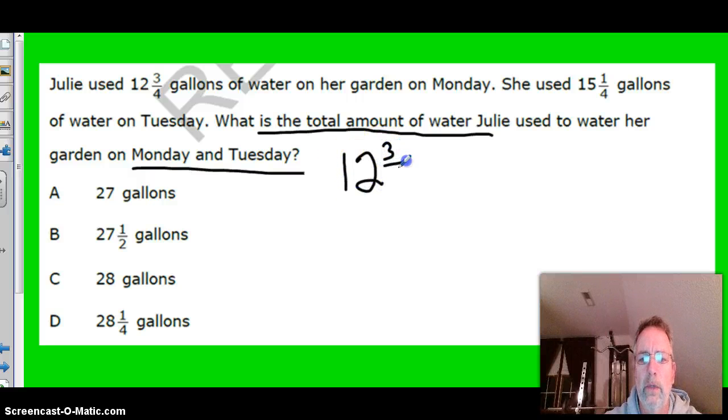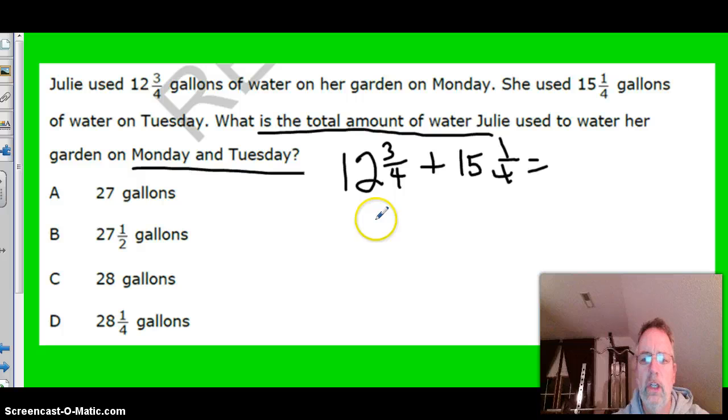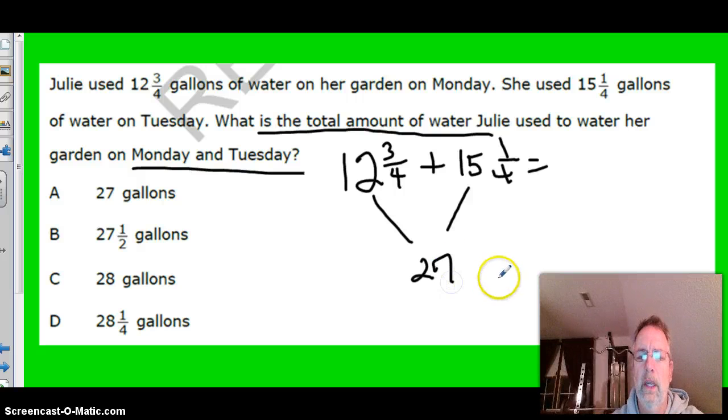So 12 3/4 plus 15 1/4. Okay. One strategy is to add our whole numbers. So 15 and 12 is 27. And then our fractional amounts, 3/4 and 1/4 equals 4/4.